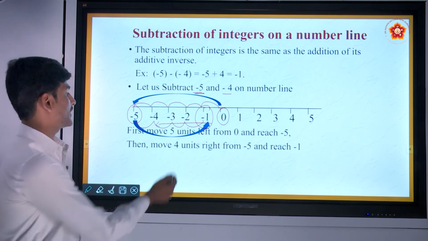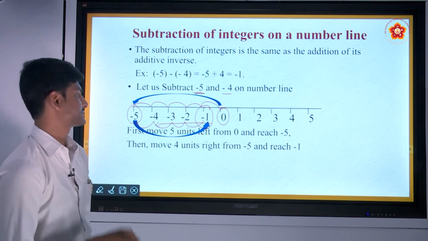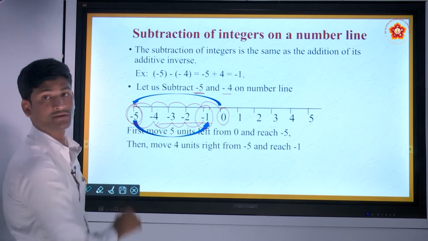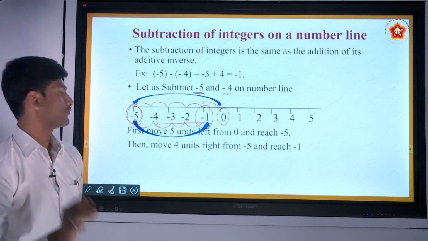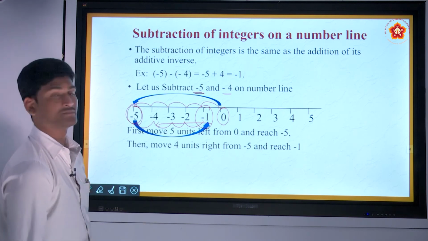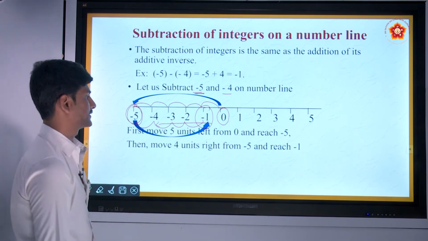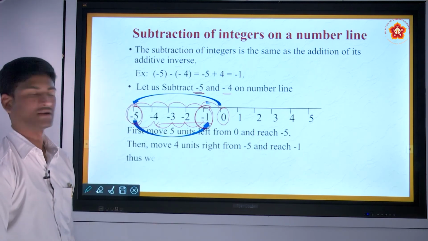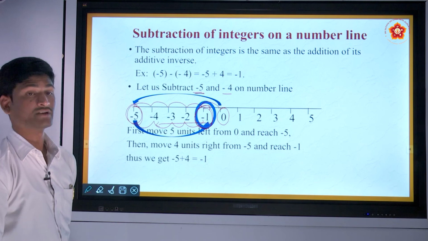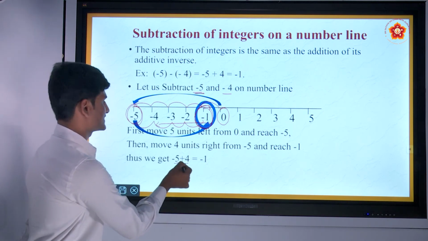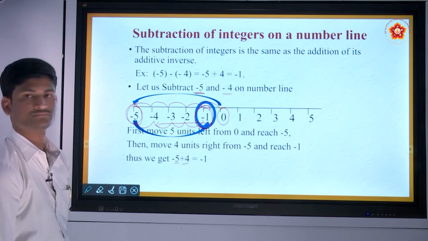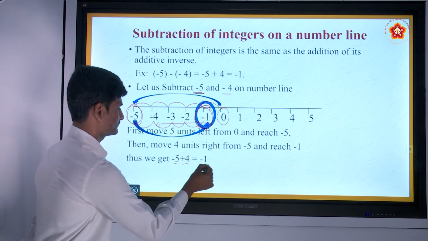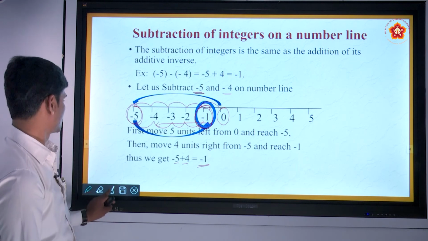First we move 5 units or 5 steps left from the 0, reach minus 5, and then move 4 units right from the minus 5, then reach minus 1, right? Thus we get minus 5 and plus 4 is equal to minus 1, right?